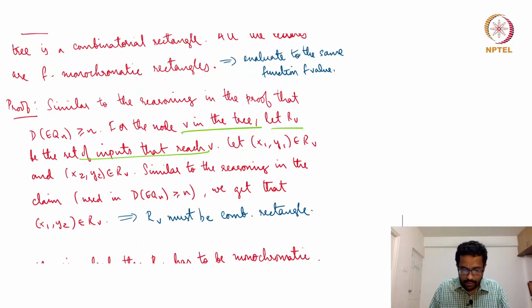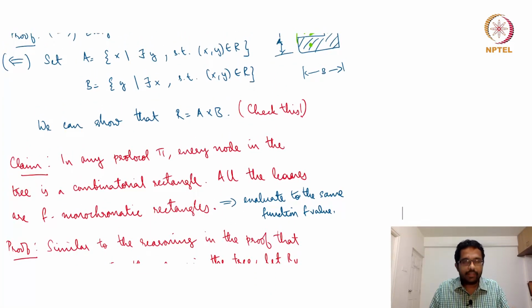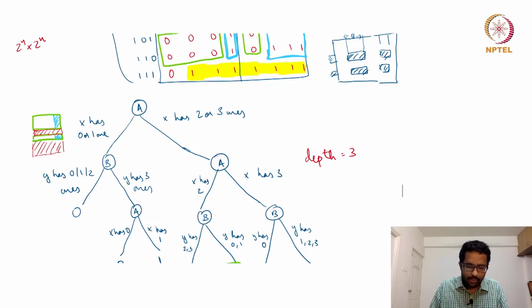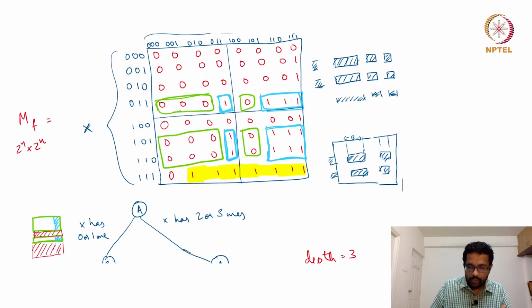Okay, so any node in the tree is a combinatorial rectangle. Basically what happens is when you start, the root node is the entire matrix, and then every time Alice speaks, there is a subdivision of the rows. It need not be just one cut; it could be a combinatorial cut, right?